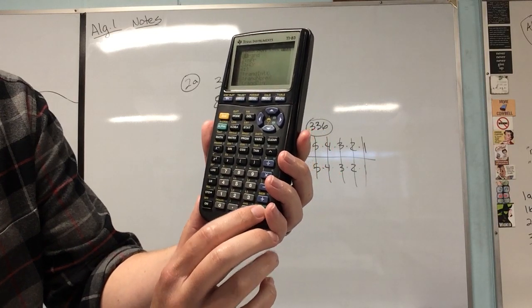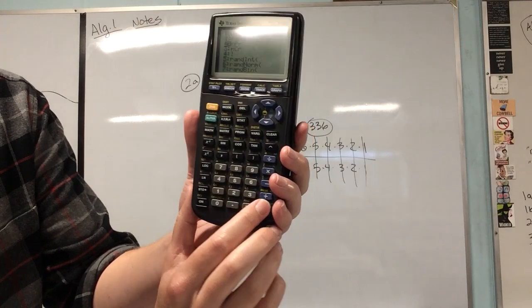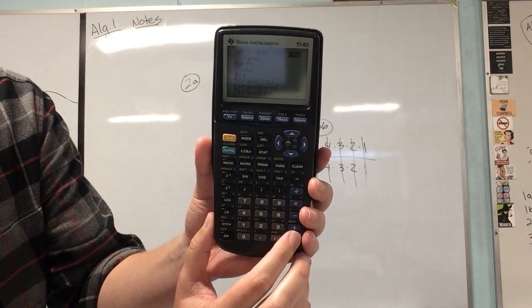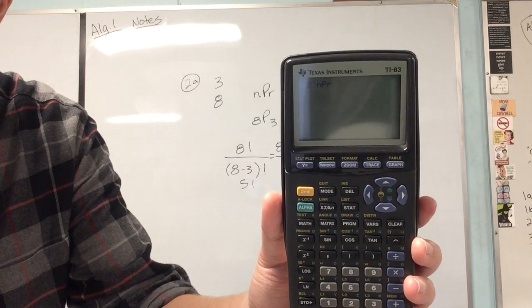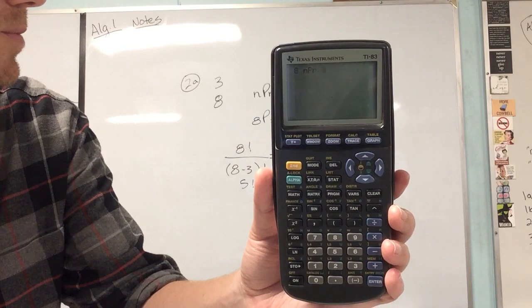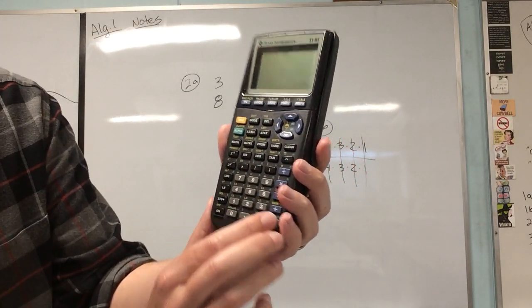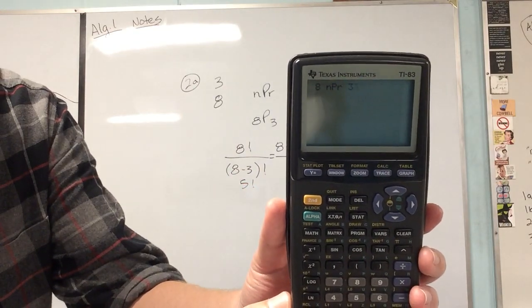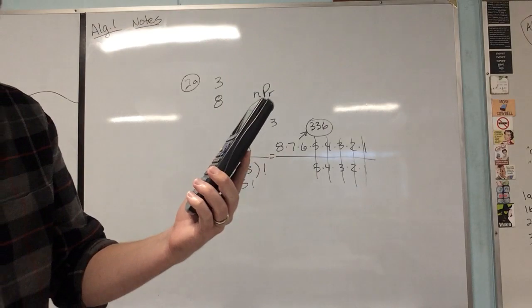You're going to hit go down to number 2. And then see if that's coming up there. You got 8. And then what you just recognize is you should have nPr. And then the next number we plug in is 3. So it should look like that. And then hit enter. And again, you're looking at 336.